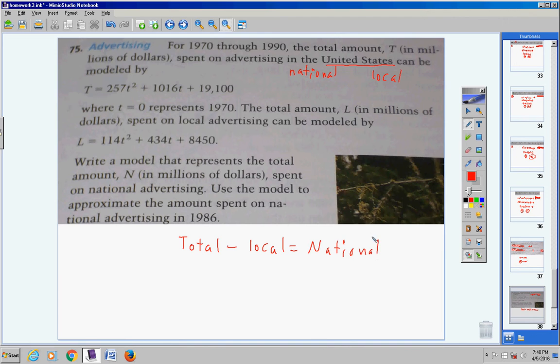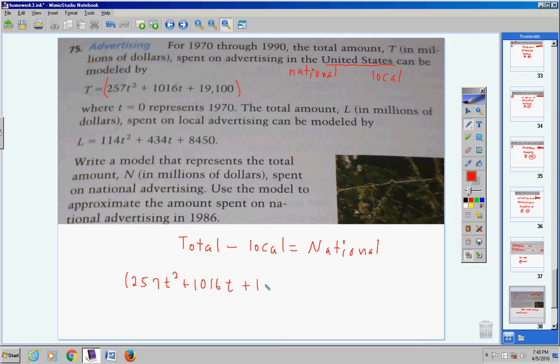And that's exactly what we have. This model right here is my total amount spent in America on all advertising, national and local. Okay?